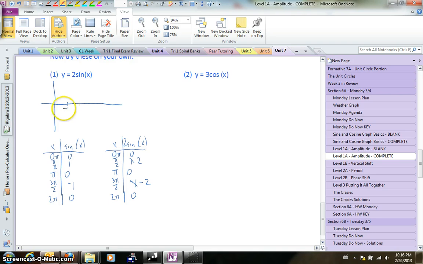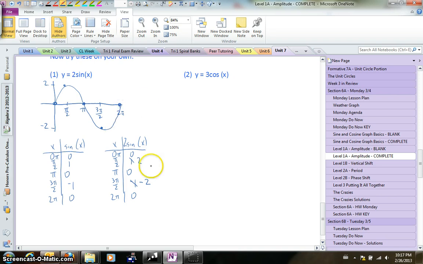And so our graph will look like this. And we can just put in coordinates for pi over 2, pi, 3 pi over 2, 2 pi, and we go up to positive 2, down to negative 2, and 0, 2, 0, negative 2, 0, and try to connect it with a nice smooth curve.